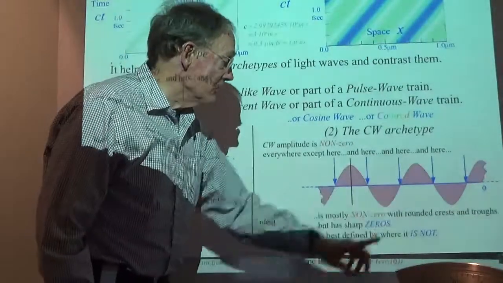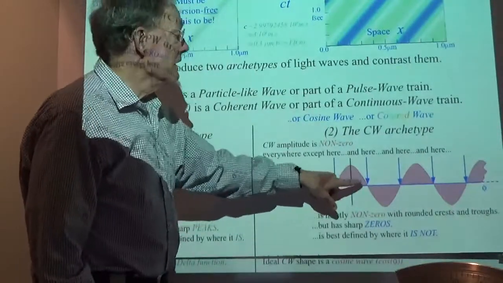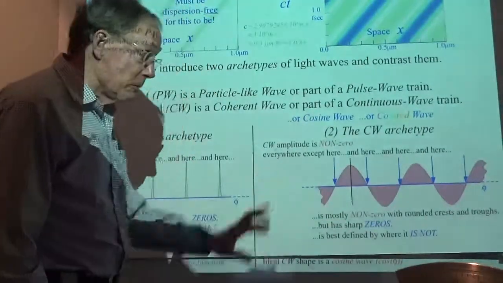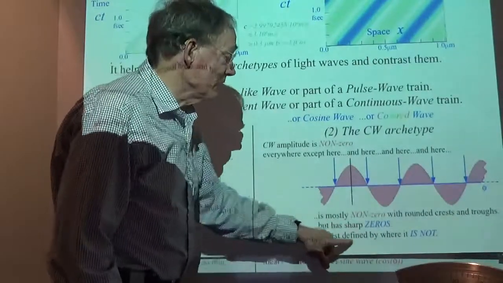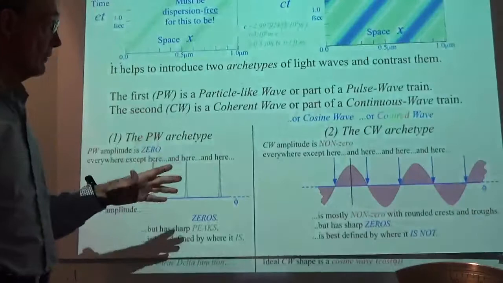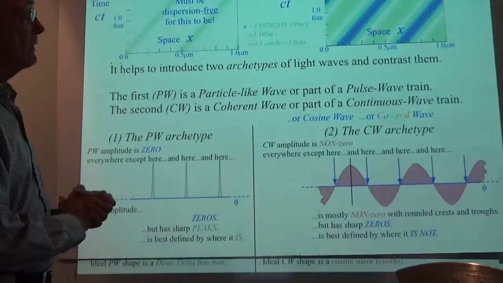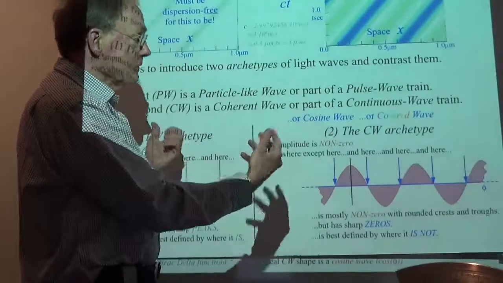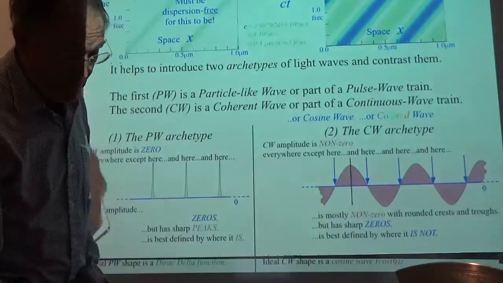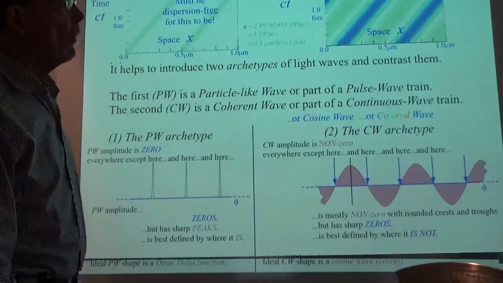Mostly non-zero, except here, here, and here. This is the real part, of course. So it has sharp zeros, and is best defined where it is not. So those are the two archetypical opposites, you might say, in terms of Fourier space-time or per space-time.